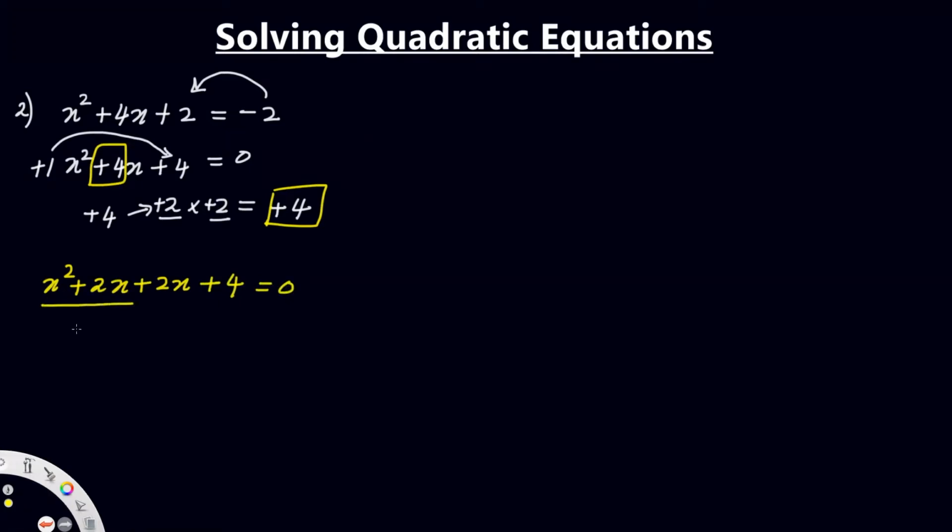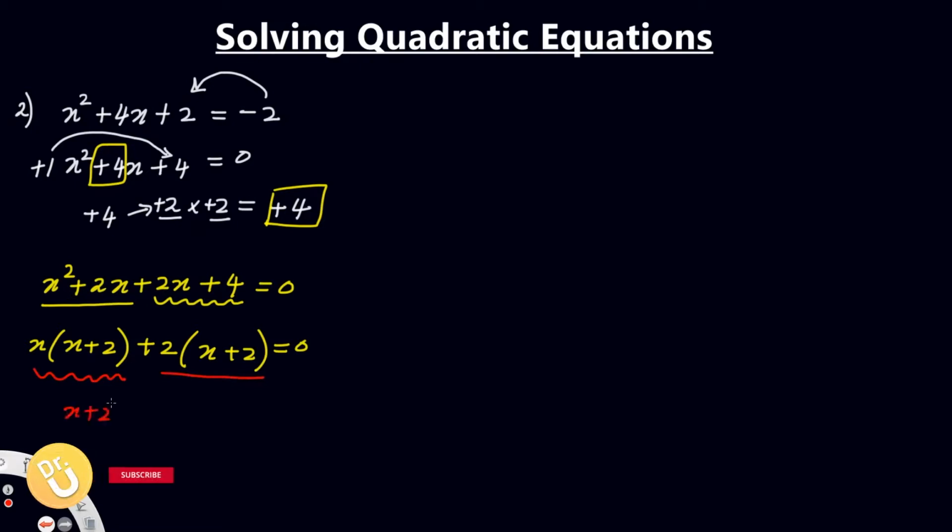Now I will consider these two terms, and x is the common factor. So you can do it this way. When you think about these two terms, 2 is a factor, so I can take that out. Now, if you think about this term and the other term, x plus 2 is a common factor.